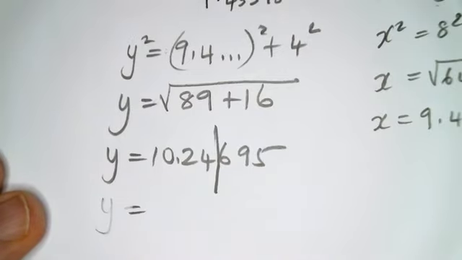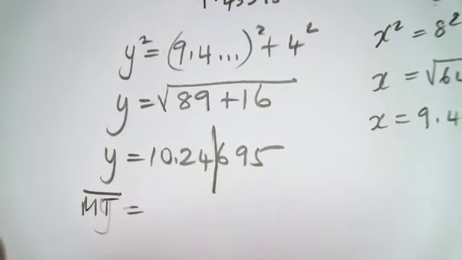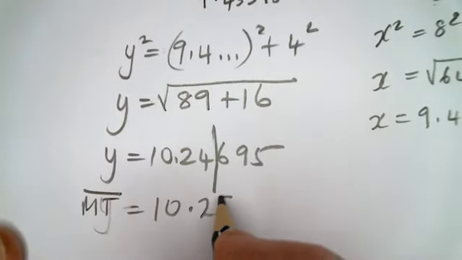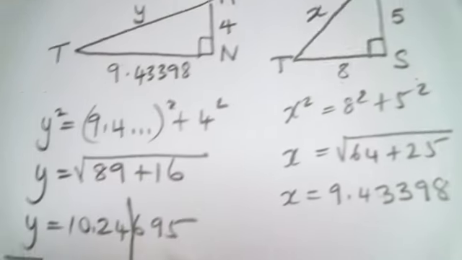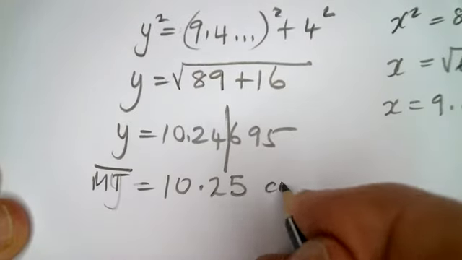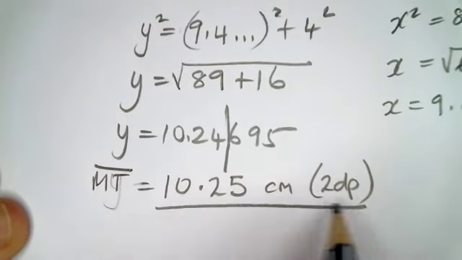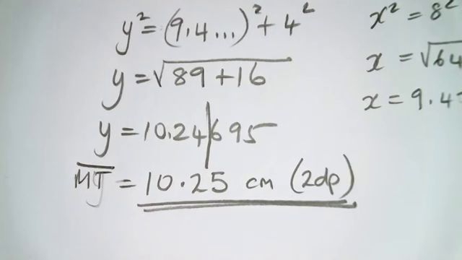So line segment MT is equal to 10.25. And are these in centimeters? Yeah, they are. I can see it here. In centimeters, and this is to 2dp. I'm hoping that's the right answer, but that's how I would calculate that in any case. Hope that's useful. Let me know. And that's 6b. I'm going to do 6c in just a moment.